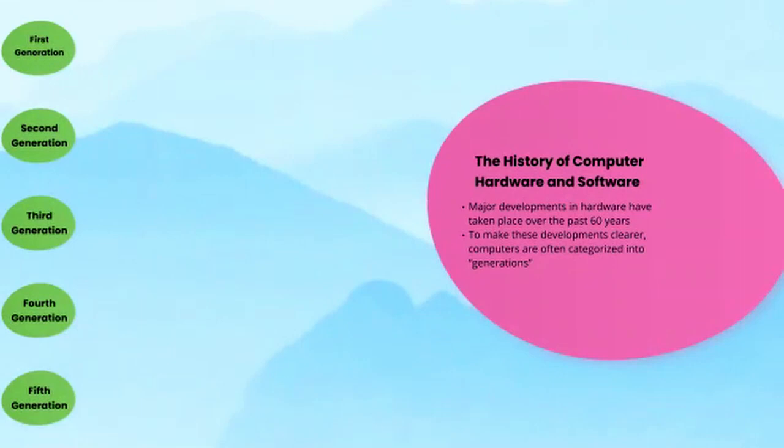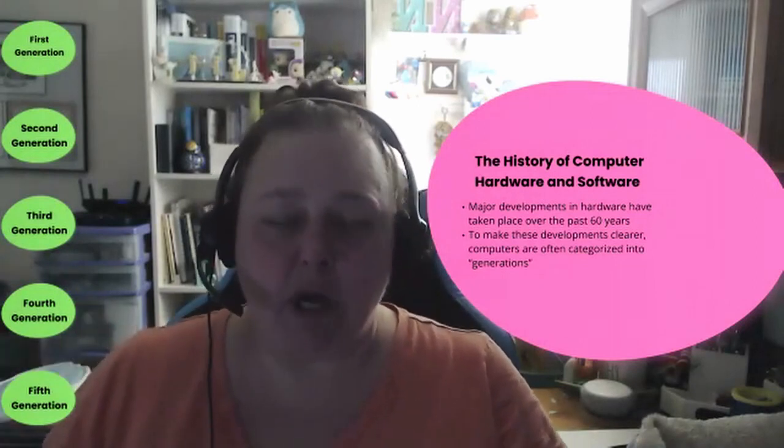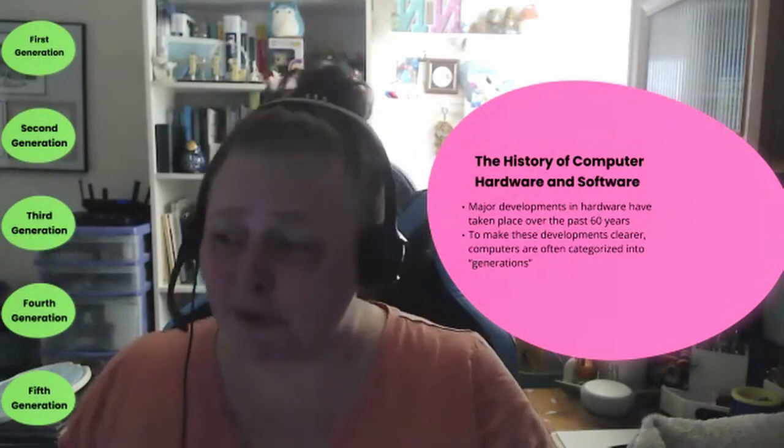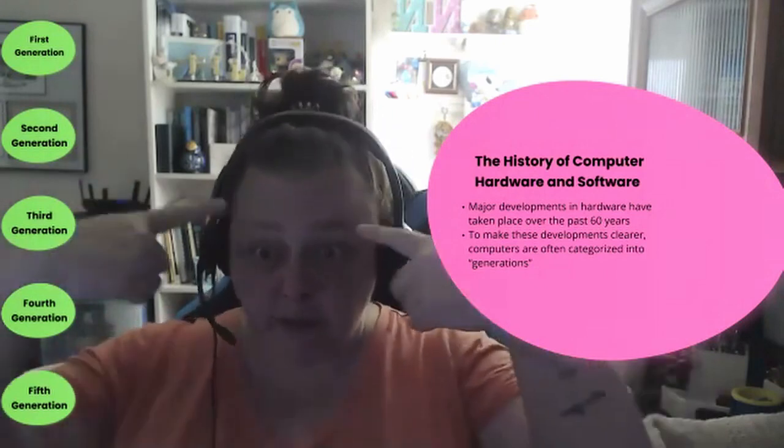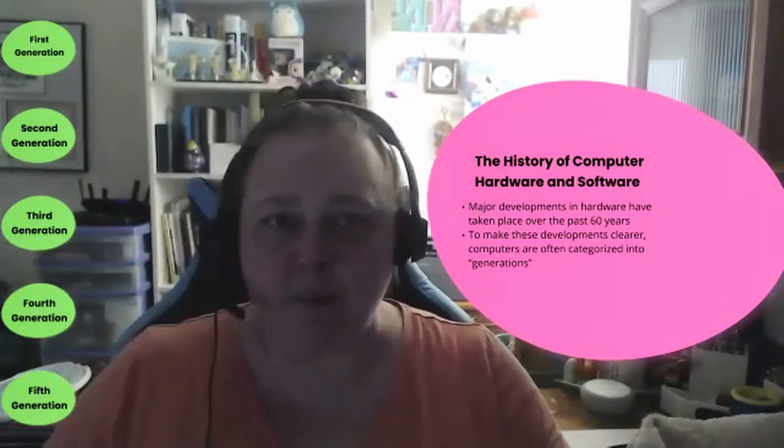So let's look a little bit at the history of computer hardware and software. Major developments have taken place over the past, I think the book says 60 years, but it's probably since the 70s and 80s. Those of us that were alive during that, not to date myself, had a really cool experience watching most of this going on.